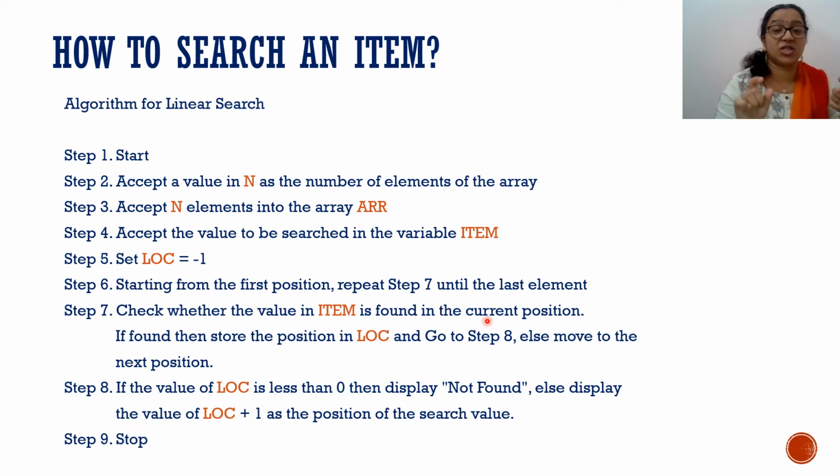If the current position is 0, is that element equal to item? If it is okay, we can store that value's position in the LOC variable. If it is not, we can move on to the next location. Then we check it with item. Is it equal to this one? If it is okay, we can find the location and assign that value to the LOC variable.